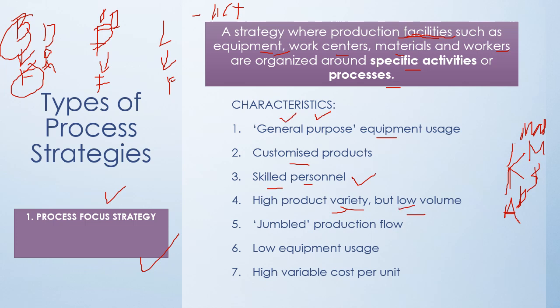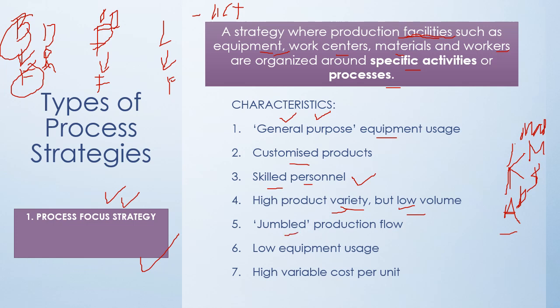But low volume. Low volume ni maksudnya quantity yang sedikit. So the company using process focused strategy will produce a lot of variety of product, but the company can only process a low quantity. Okay, so kalau customer A comes to print magazine, so when the customer place about 100 units of order, so that can be processed lah, because of it does not involve a high volume of output.